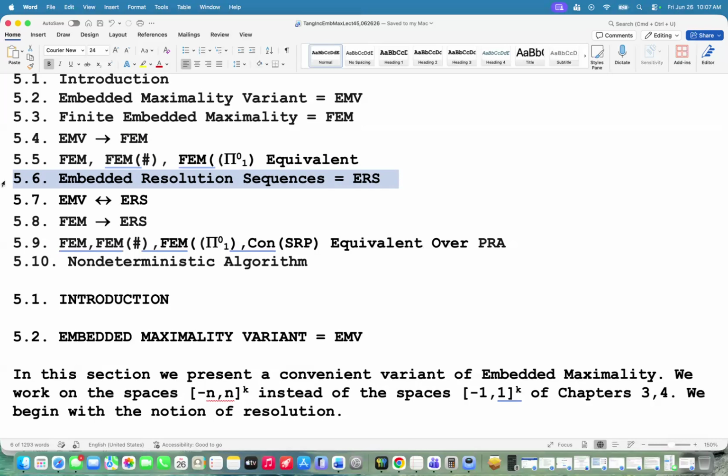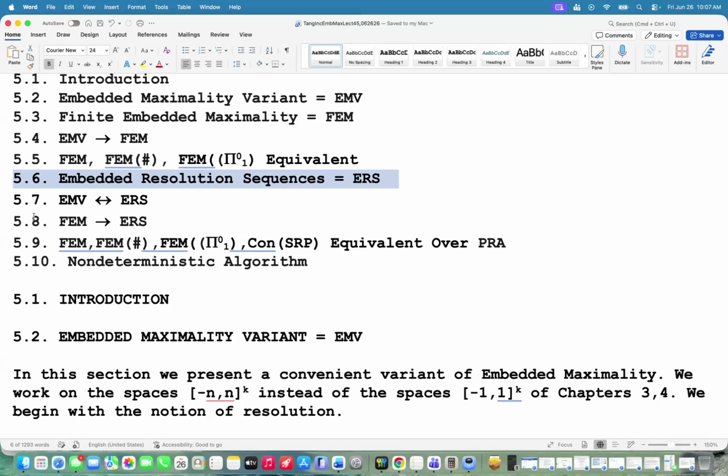And I show that EMV is equivalent to ERS. And this is really a compactness or a weak Kőnig's lemma kind of argument. These finite pieces give you the whole thing, and when you do it for infinite length from the finite pieces, you get something that's pretty easily seen to be equivalent to EMB.